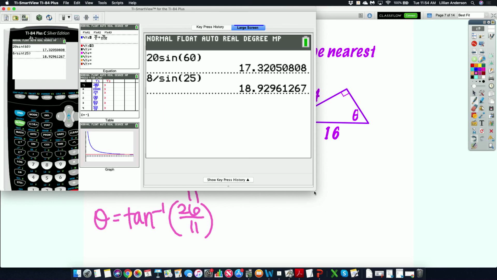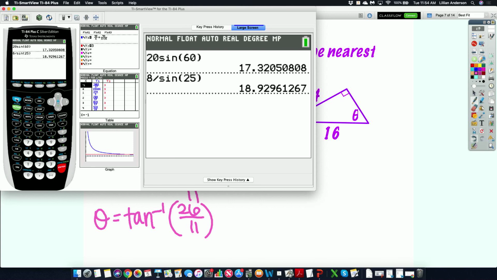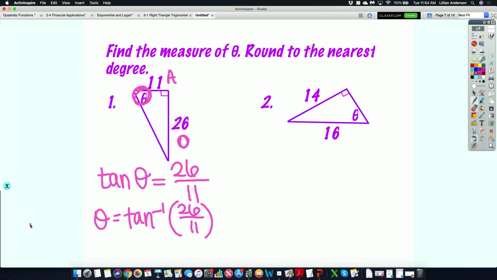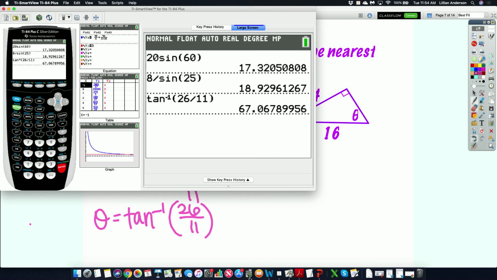So, to get the inverse, you press the second button and then that corresponding trig button, and it will literally pop up a tan with the -1. Second trig function, 26 divided by 11. I close it off, and I get my answer. And I'm rounding this to the nearest degree, so the nearest degree would be what number? Nearest degree. It would be 67.